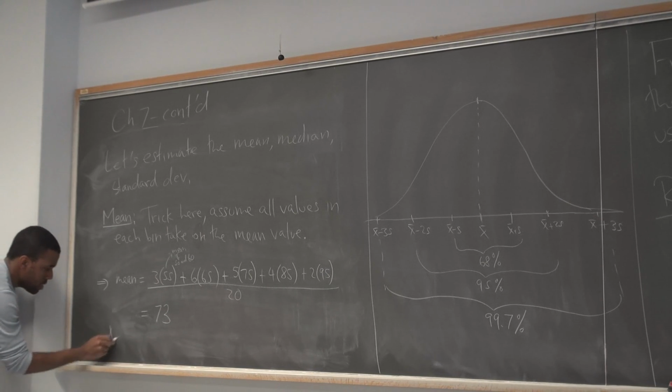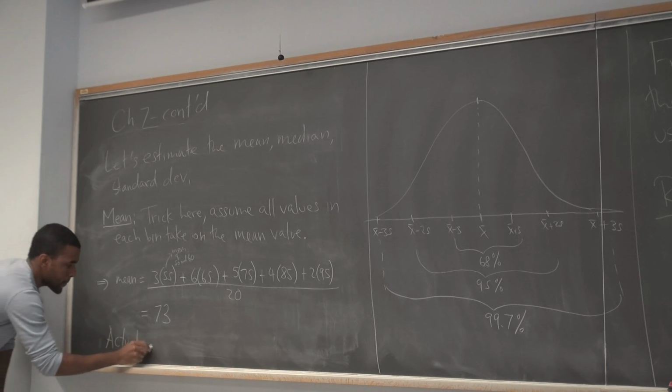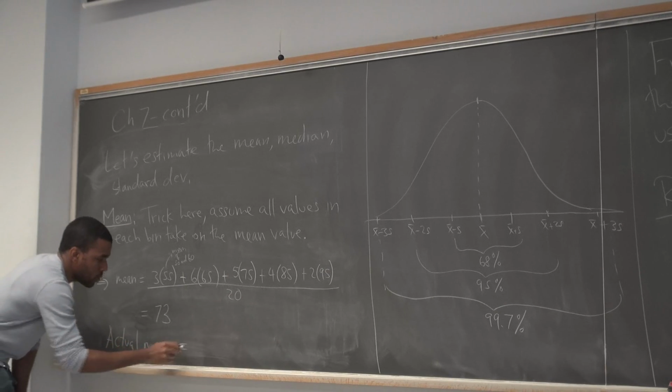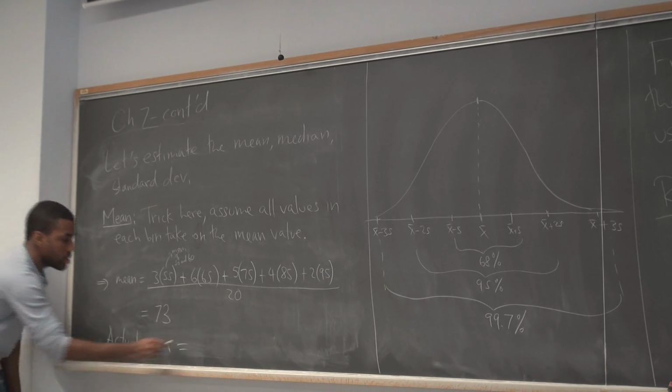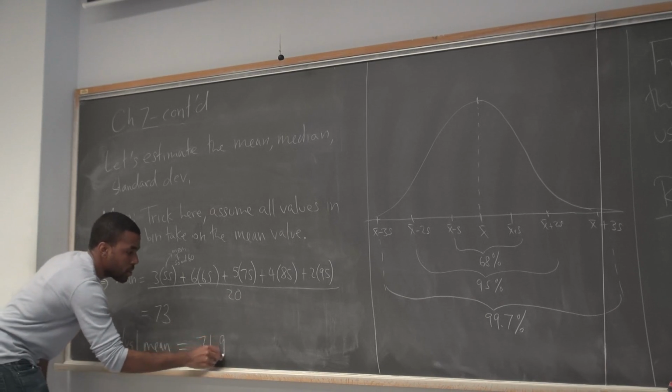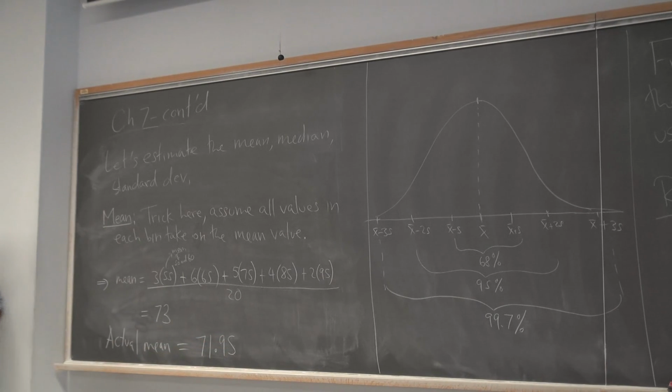And the actual mean was 71.95. So the actual mean is about 72, and using this approximation, I got 73. Pretty close, right? And notice I don't know what all the grades are, but I can still get pretty close to what the average is.